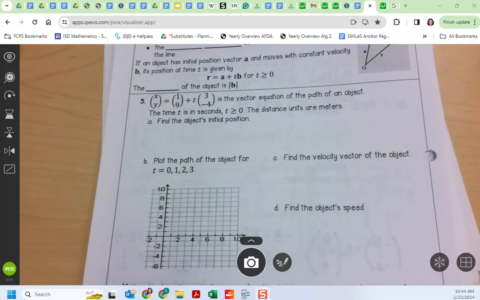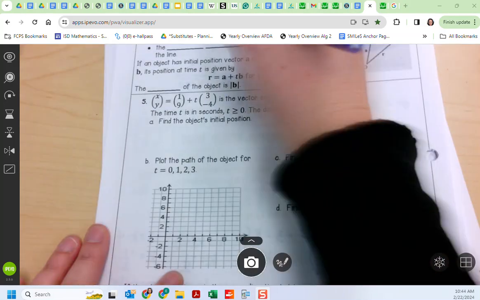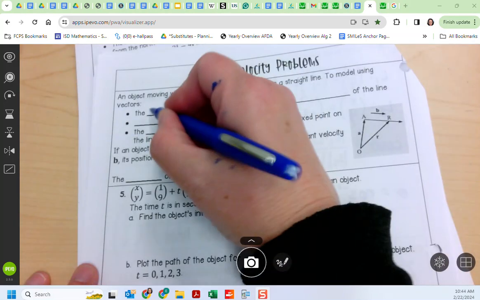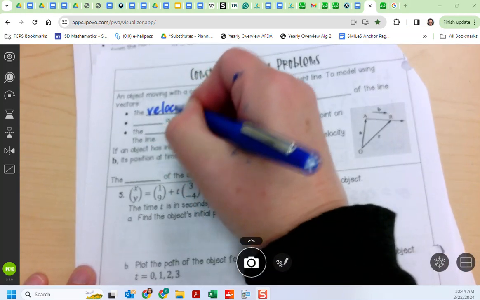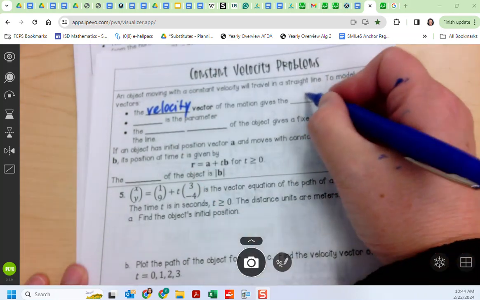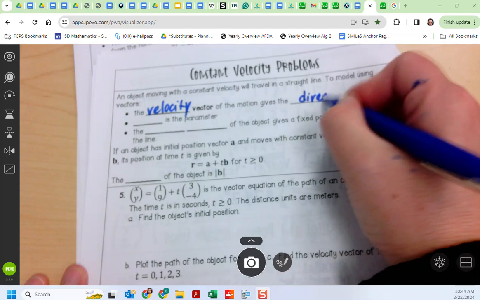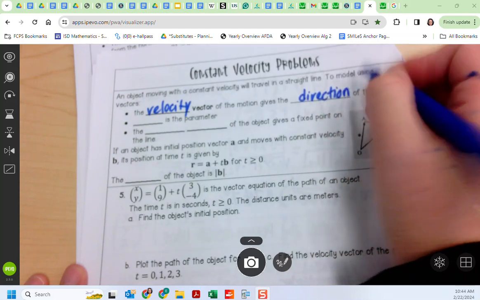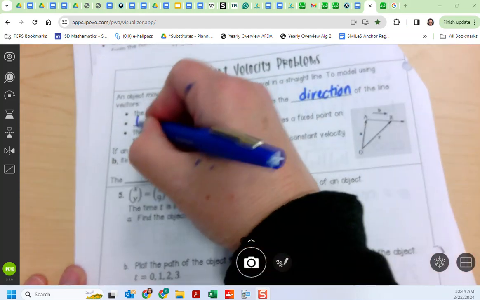Give me a sec. Constant velocity. An object moving with constant velocity will travel in a straight line, and to model using vectors, the velocity vector of the motion will give the direction of the line, and time will be the parameter.